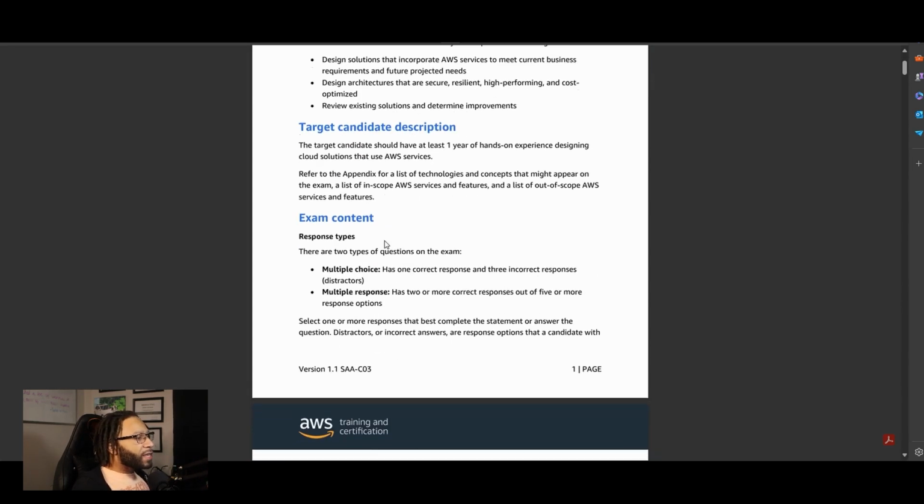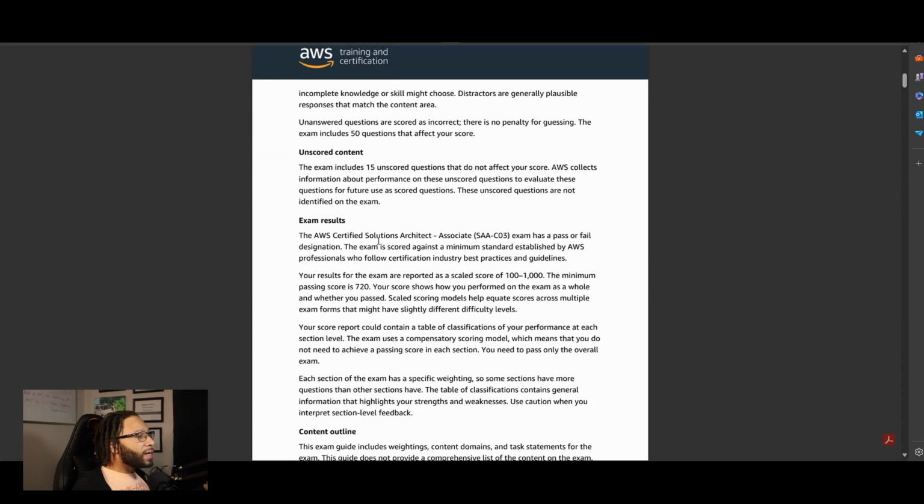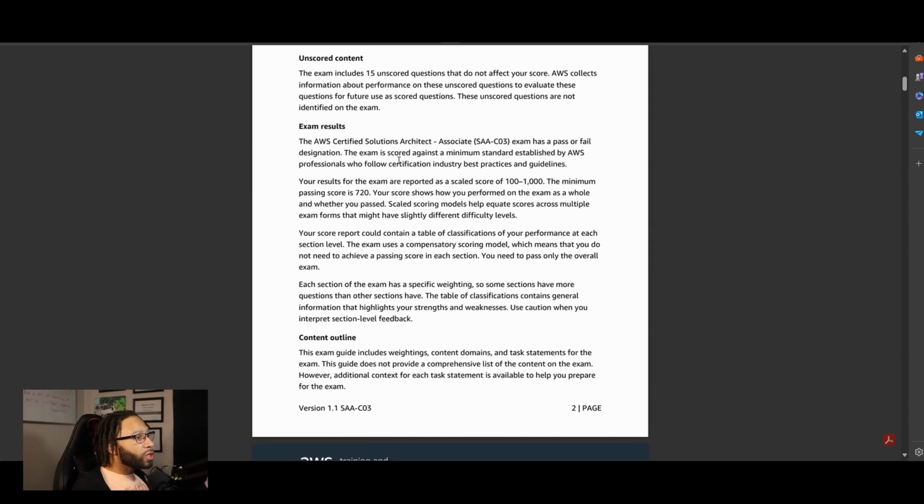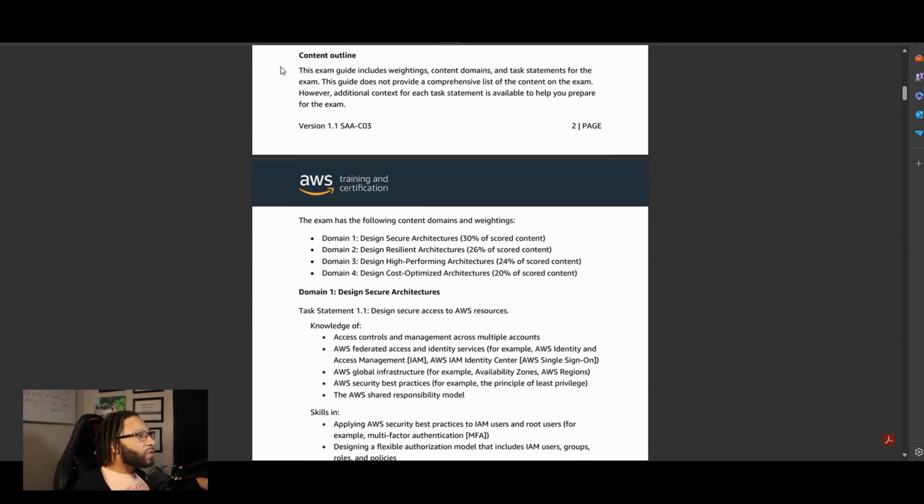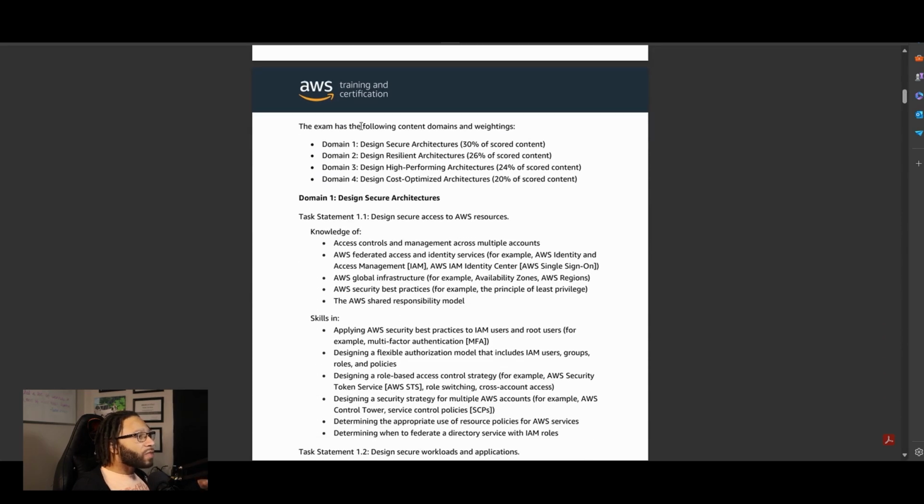In addition, it gives you a good understanding of how the exam is scored, when you should receive the results, and what score is needed to pass, which is a 720. It also gives you the content outline for all the various domains defined on the exam.